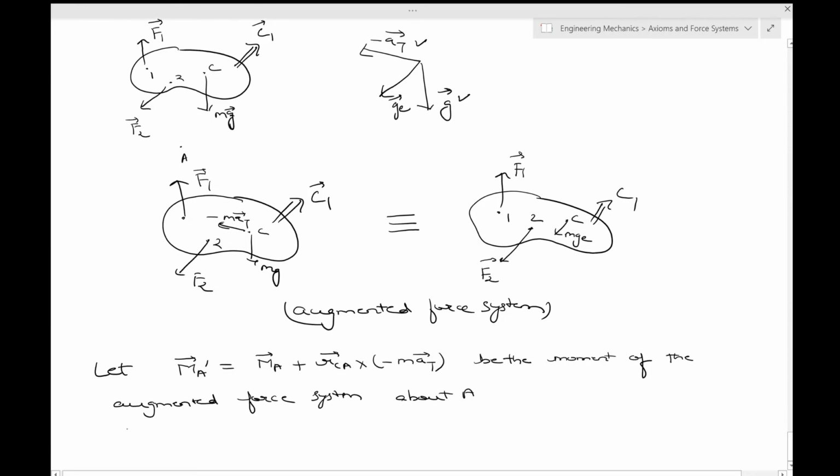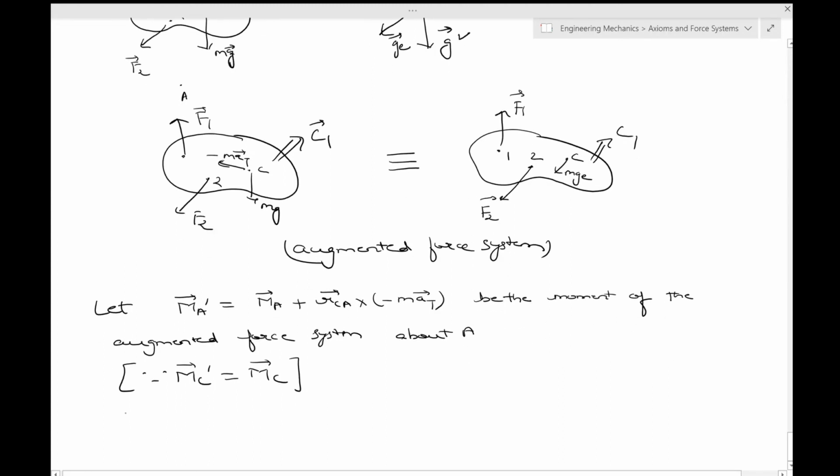Now you can note that MC dash is equal to MC, since this RCC will be equal to 0. Okay.